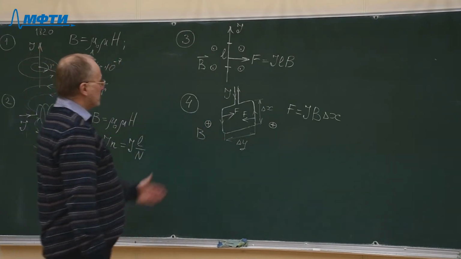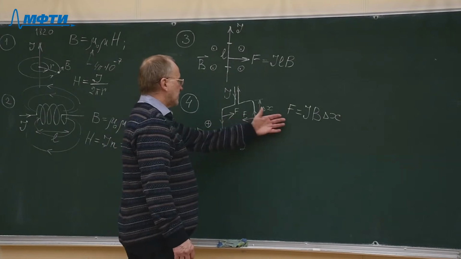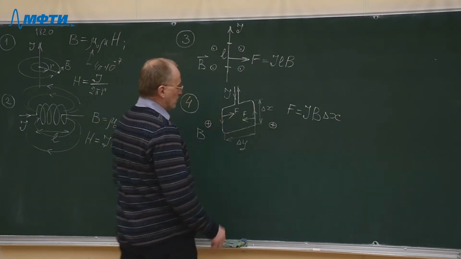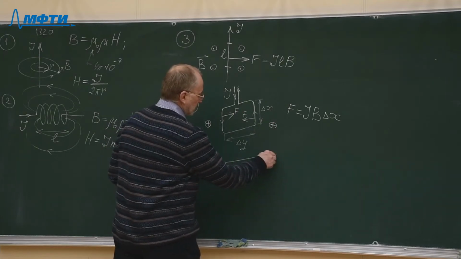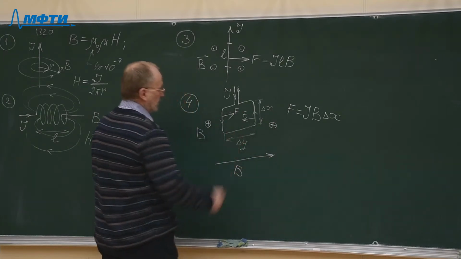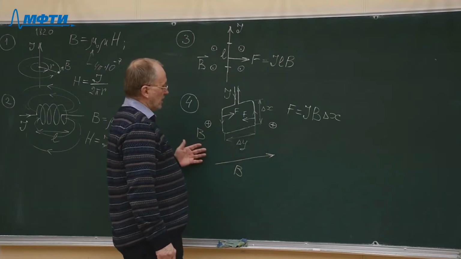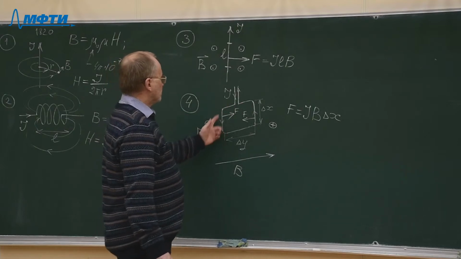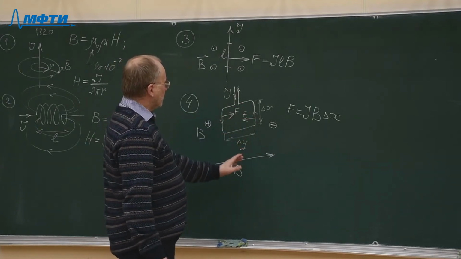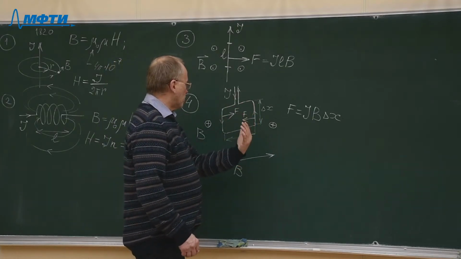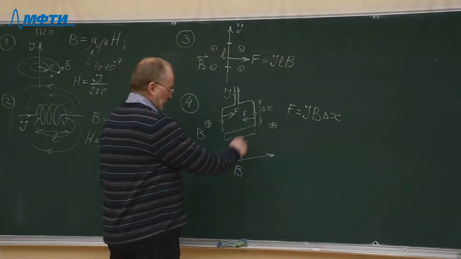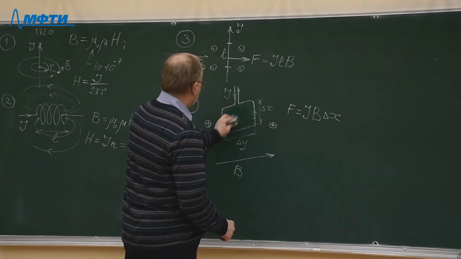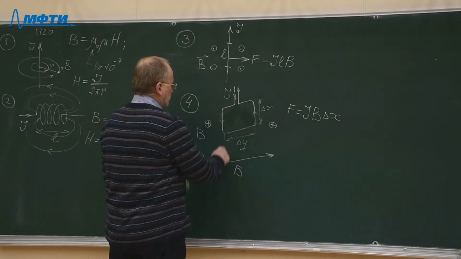But suppose the magnetic field is directed in the plane of this loop. Suppose the magnetic field has this direction. The magnetic field induction vector lies in the plane of this loop. Then the figure will show you that one force will act on this part of the current.